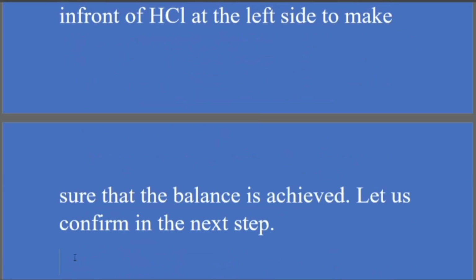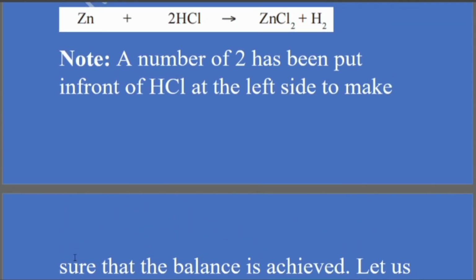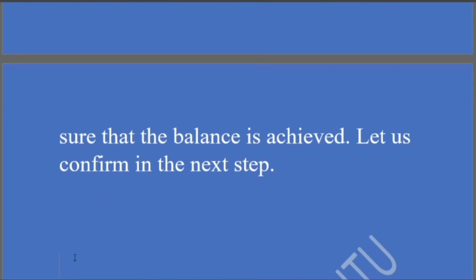So to confirm that, we have step 4. We know that the number 2 has been put in front of hydrochloric acid at the left side to make sure that the balance is achieved.